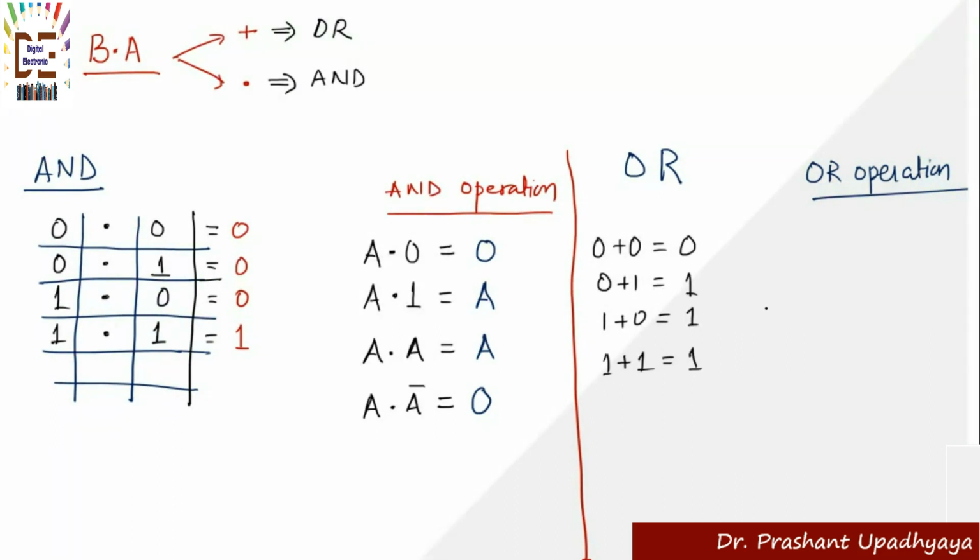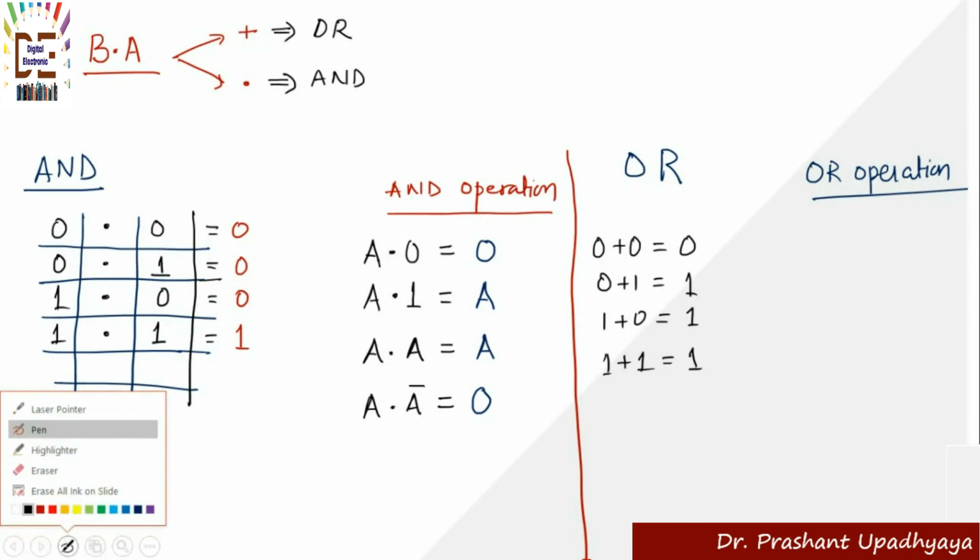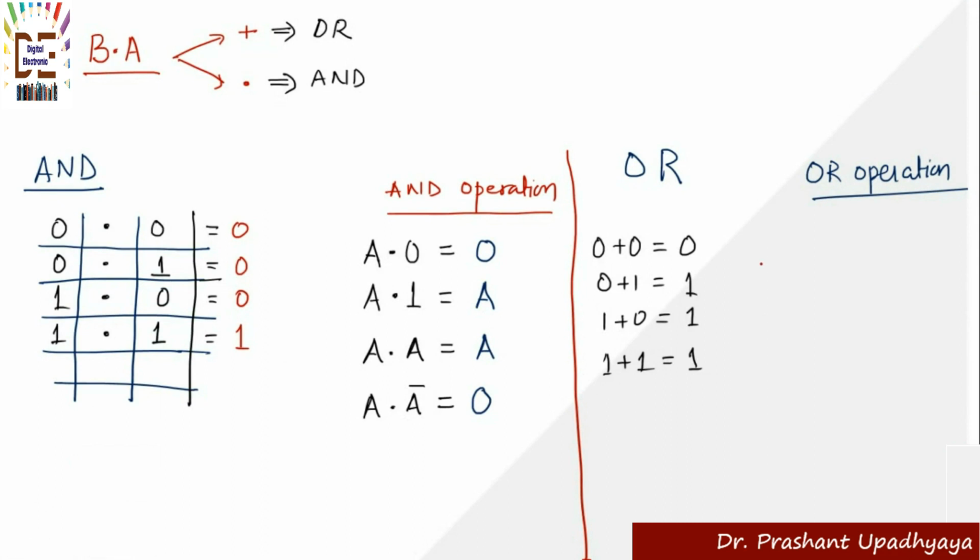Similarly, when we are talking with respect to the OR operation, this will be important. I can have an operation like a plus a. I can have a plus 0. I can have a plus 1, and then I can have a plus a bar.